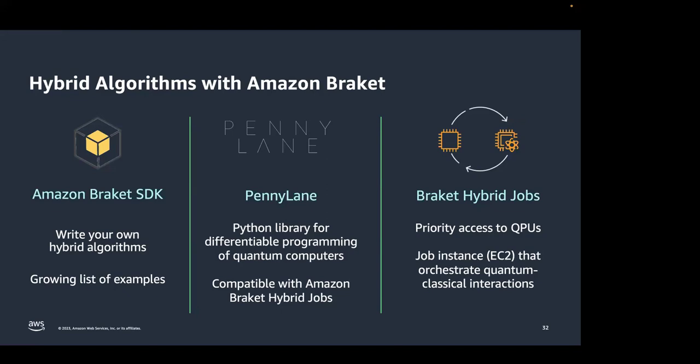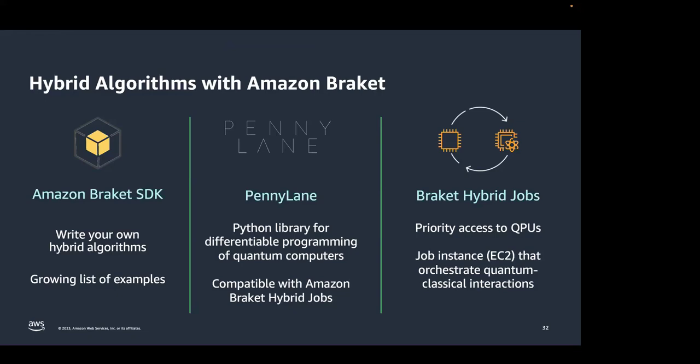And since PennyLane is compatible with Amazon Braket hybrid jobs, you can directly run that code on Amazon Braket as well. Then there is a feature called Amazon Braket hybrid jobs, using which you can create hybrid jobs there as well. The advantage of using Braket hybrid jobs is that one has priority access to QPUs, right?